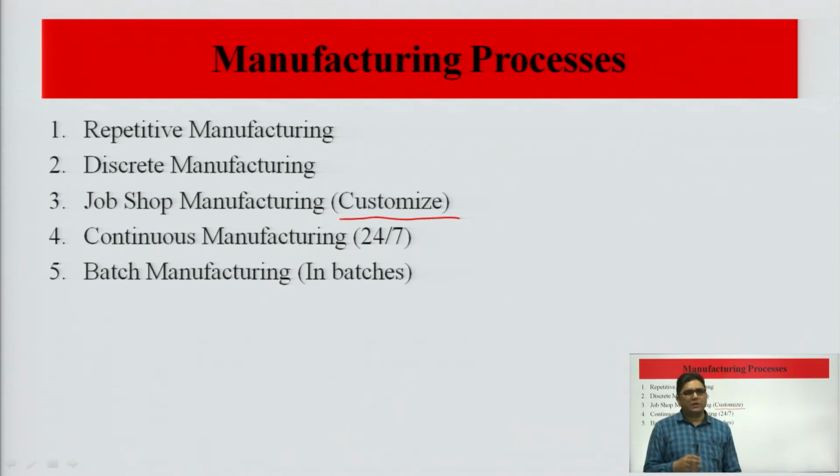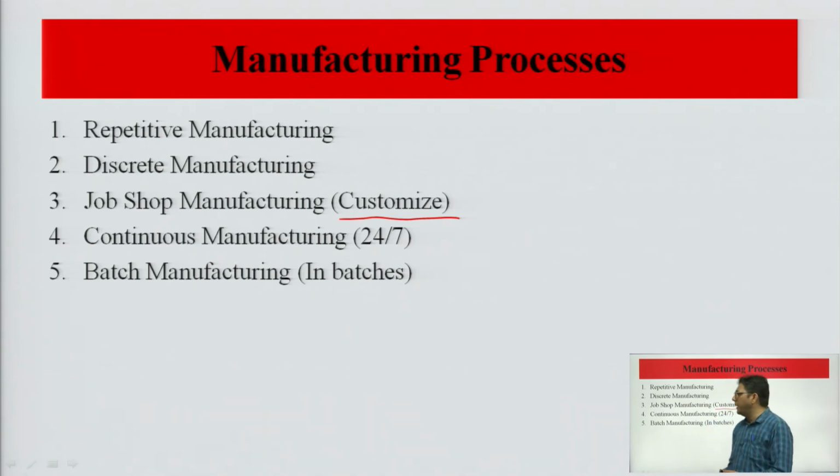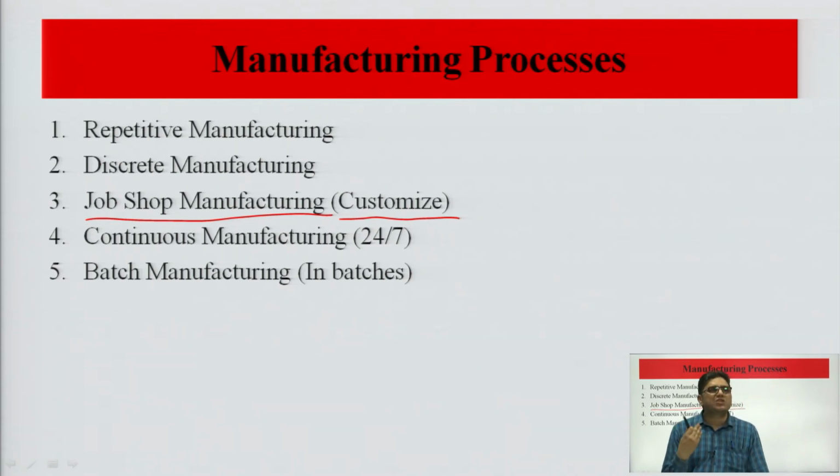So, here a group of products will be produced, but in a customized, specific way, or as per the specific specification given by the buyer. So, unlike repetitive and discrete manufacturing, in job shop manufacturing your manufacturing process or system will be more based on customization, as per the specification of the customer.